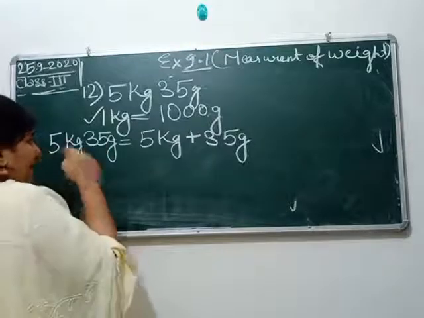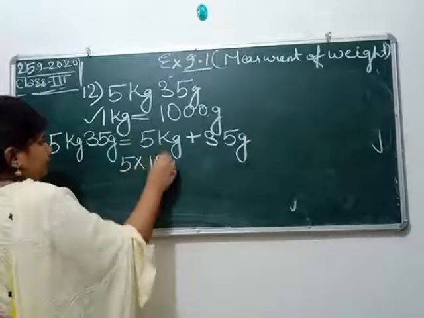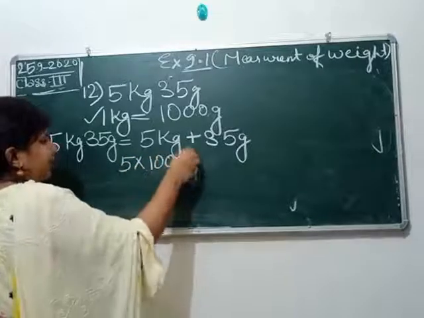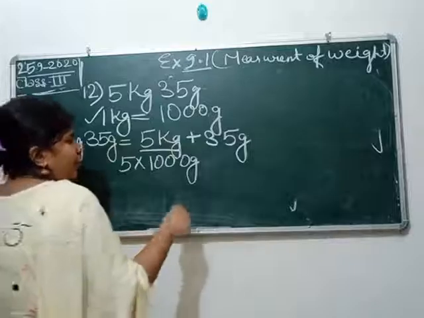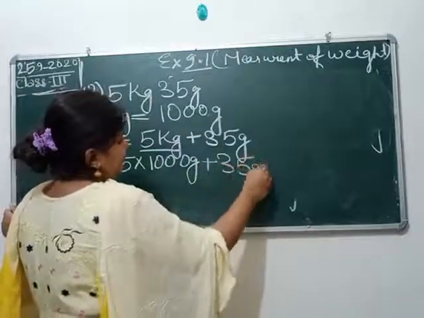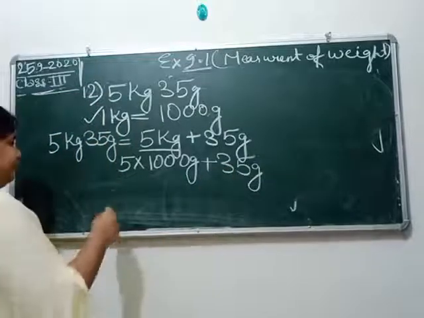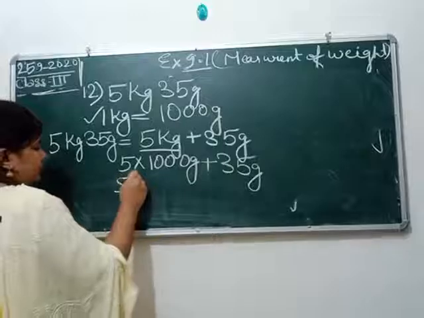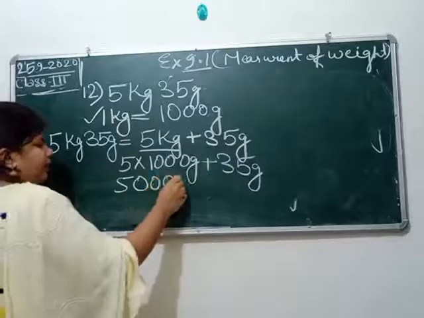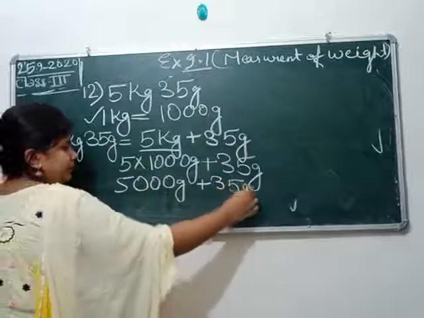Now 5 into 1000 gram. If we convert that, what will we add? We will add just 35 gram here. 5 into 1000 gram, how much will you get? 5000 gram plus 35 gram.